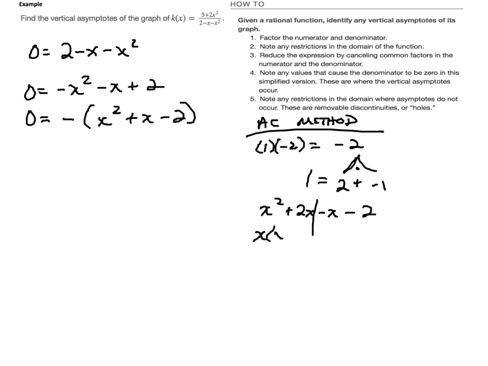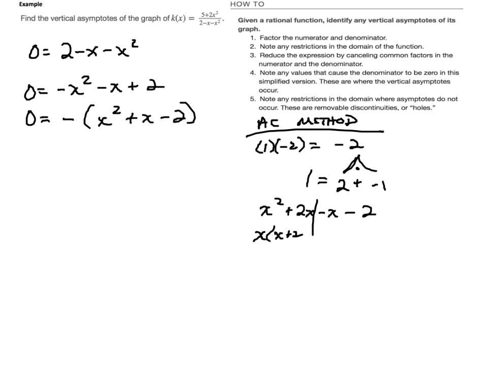Now I'm looking for the factors of negative 2 that add to make positive 1, which is B, and that is positive 2, negative 1. I rewrite my function, x squared plus 2x minus 1x minus 2. Split it down the center. GCF, that's x plus 2 left over. Big GCF is x plus 2, and I have a leftover of x minus 1. So this is what this looks like. Negative x plus 2 times x minus 1.